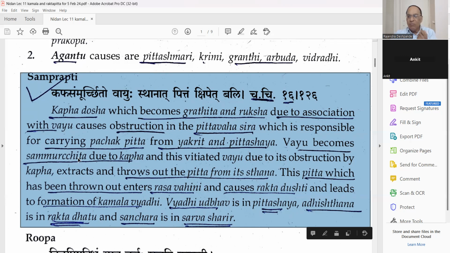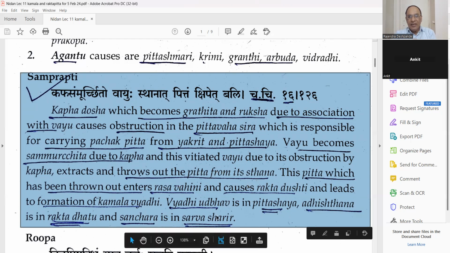Vayu becomes sammurchita. The dosha, dushya, sammurchana janito vyadhi. So this Vayu becomes sammurchita due to the Kapha, and the vitiated Vayu makes the obstruction, throwing the pitta from its normal tract, and this pitta thrown out enters the rasavaha, the circulation, and causes raktadushti and leads to the formation of Kamala Vyadhi.